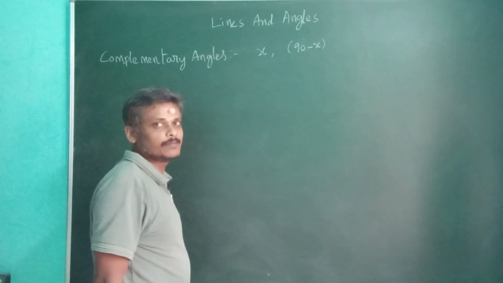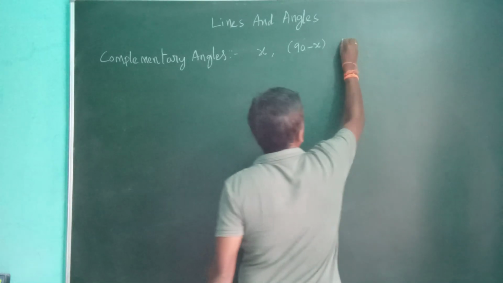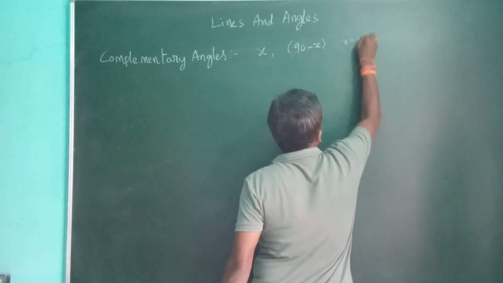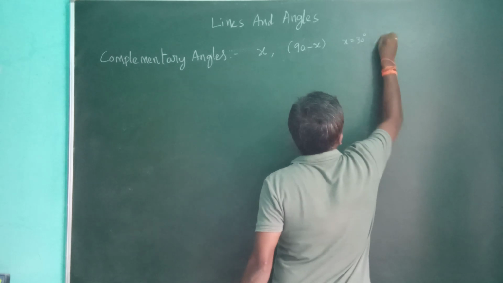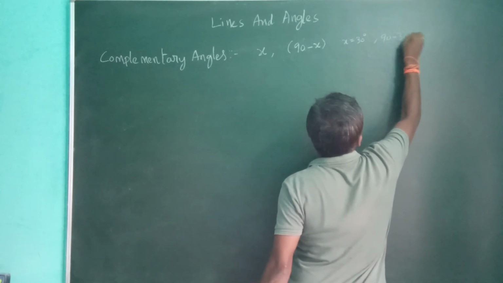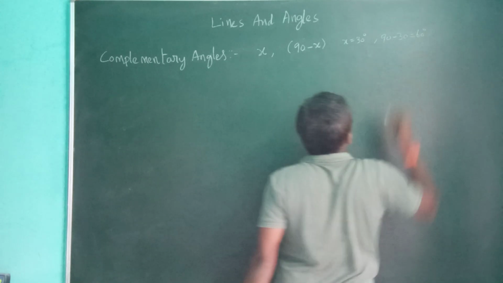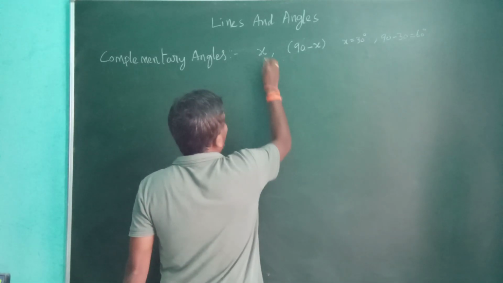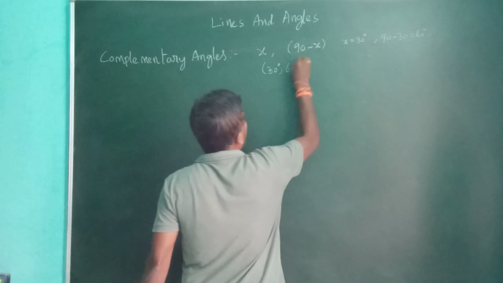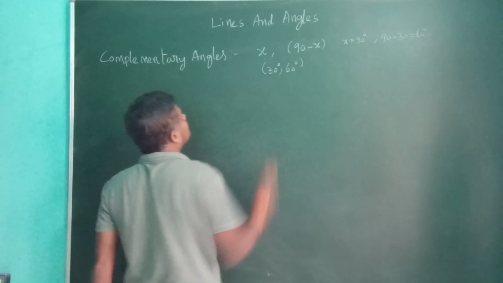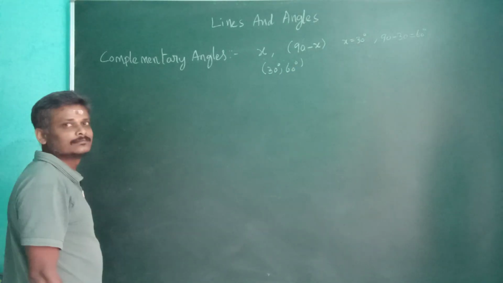Let us take one example. If x is equal to 30 degree, then 90 minus x is 90 minus 30, that is equal to 60 degree. It means that complementary angle of x equals 30 degree is 60 degree. If we add these two, we get 90 degree.